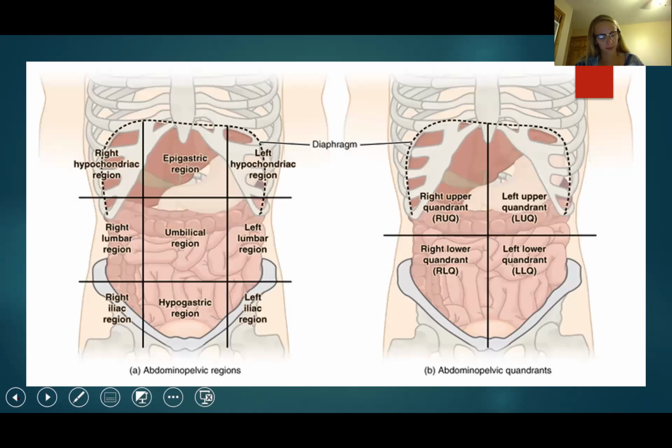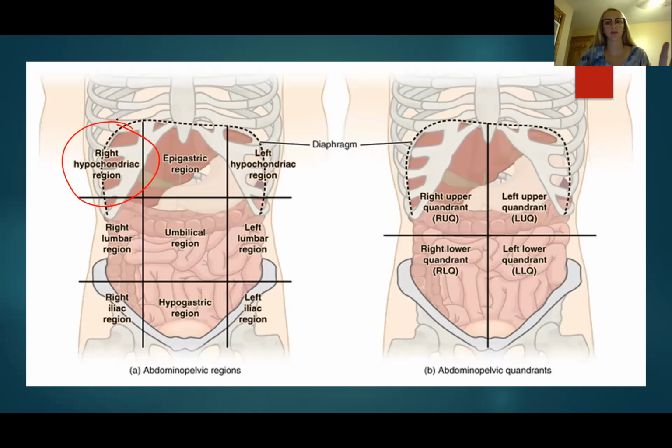So this is where I was saying that the left and the right side are going to come into play. With your left is my right is your left, that sort of deal. So if I'm looking straight down or you're looking straight down at this pelvic, just to get this squared away, we have right hypochondriac region.